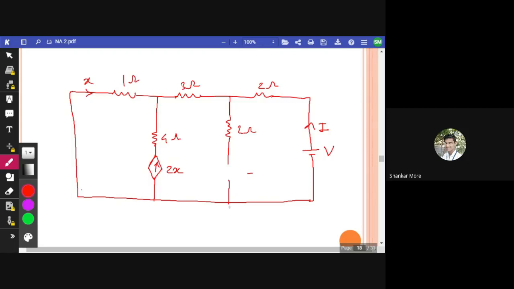Guys, I have a simplified circuit for you. So see, okay.